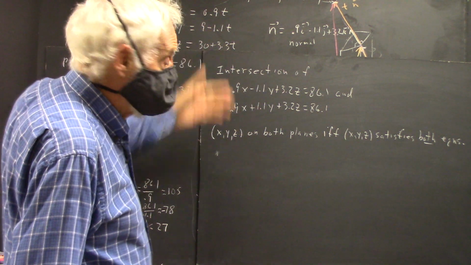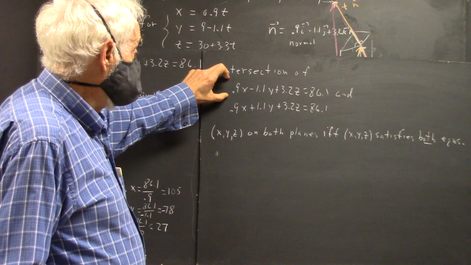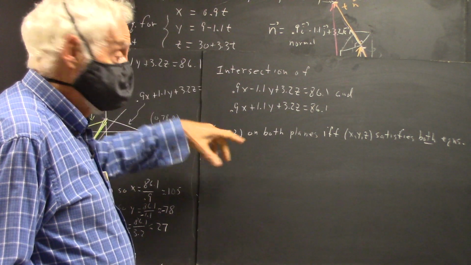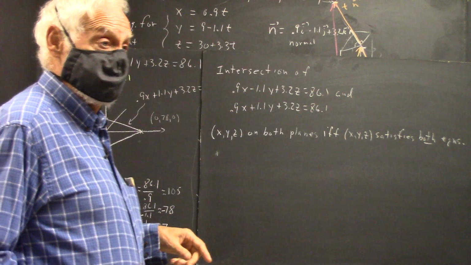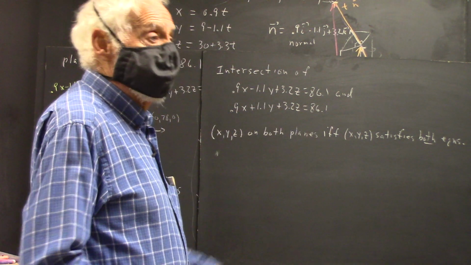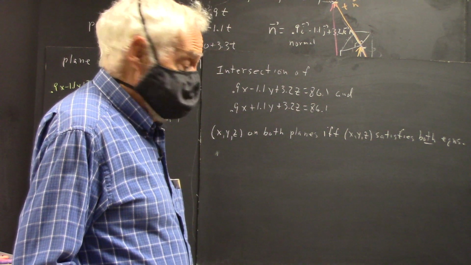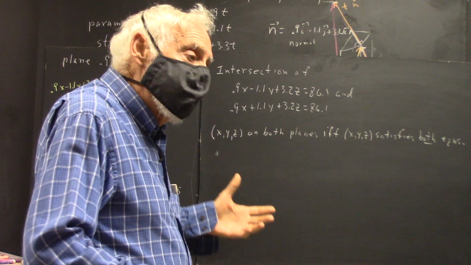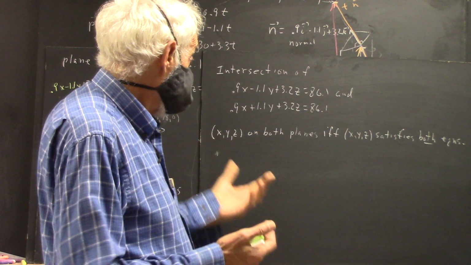Algebraically, we can find the intersection. We have this plane, which consists of all the x, y, z coordinates that satisfy this equation. Right? We have this plane, which consists of all the x, y, z coordinates that satisfy this equation. Now, planes intersect, if they do, where?